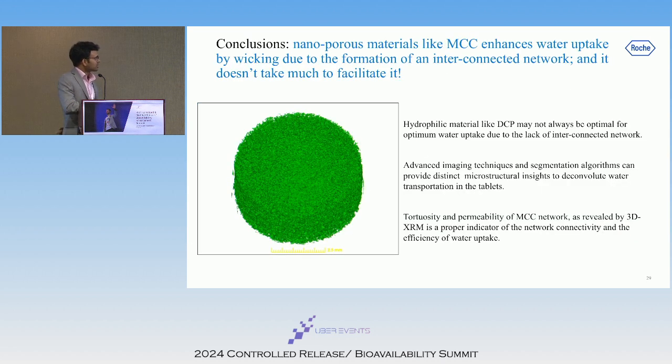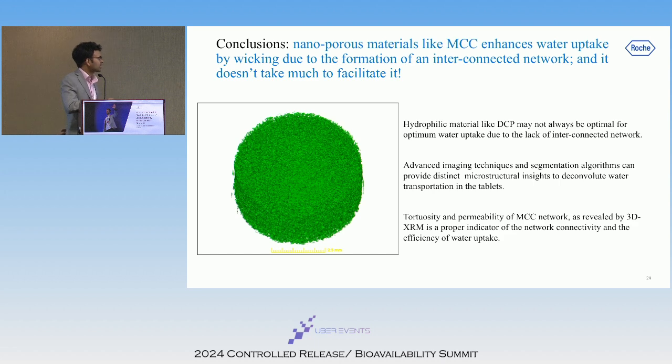So in conclusion, nanoporous materials like MCC enhance water uptake, and it is done by wicking. This forms a highly interconnected network, and it doesn't take a lot of material to do it. Not always are hydrophilic materials like DCP optimal for water uptake.